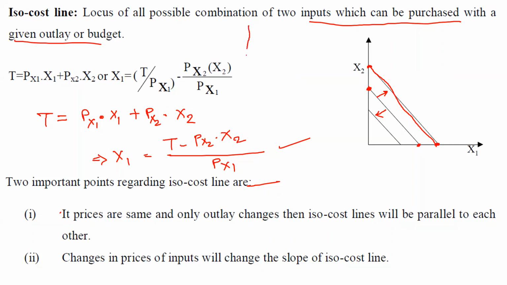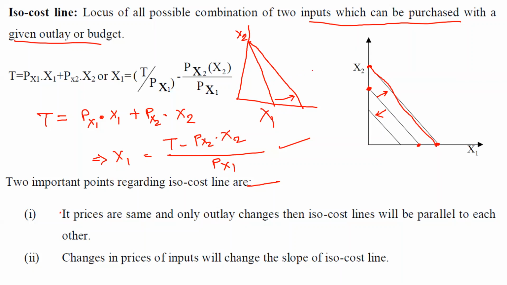For example, suppose this is our initial isocost line. Then suppose the price of X1 decreases. Now our new isocost line will move in the anti-clockwise direction.